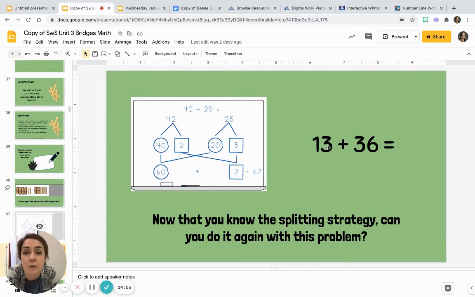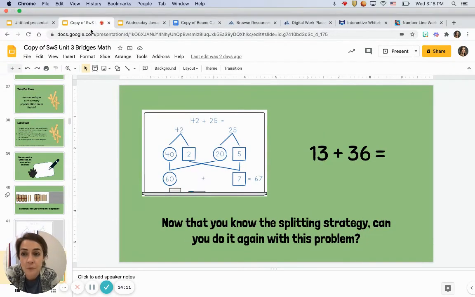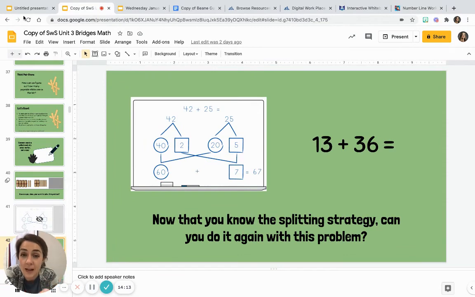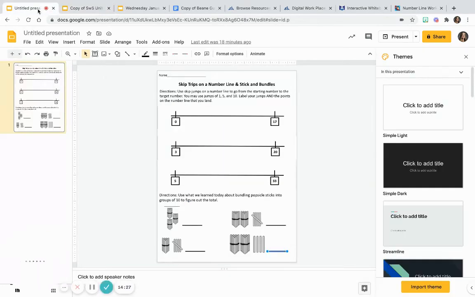What I want to show you now is what you're going to be doing for independent practice and then the rest of math time. So remember about the number line. So you're going to be practicing hopping on a number line, and then you're also going to be practicing writing the amount of popsicle sticks. So let me show you what it looks like. It looks like this.